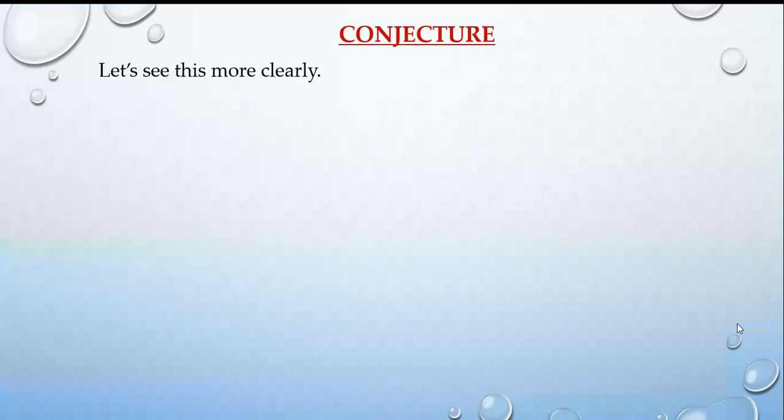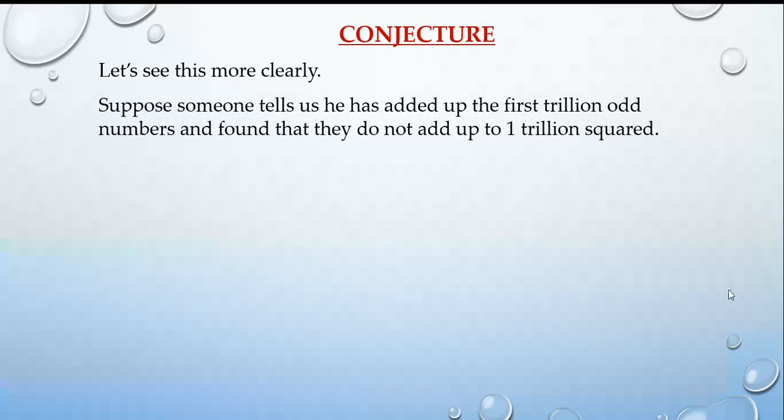Let's see. Suppose someone says he has added up the first trillion odd numbers, because there are infinitely many numbers, and finds that they do not add up to 1 trillion squared.